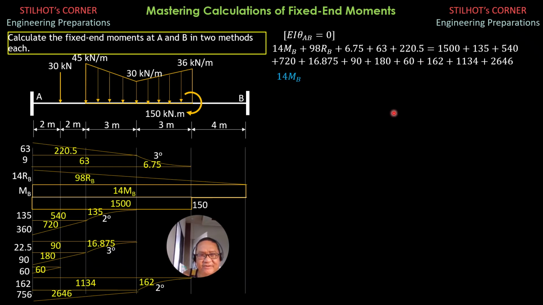Simplifying the first equation, 14 MB plus 98 RB equals 6893.625. Let's call that equation 1.